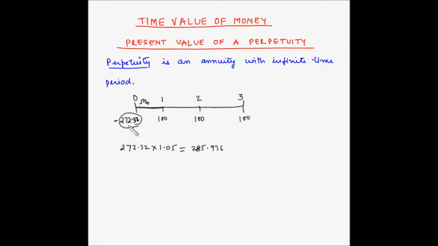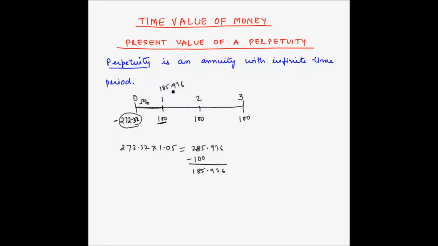So basically this amount has converted into 285.936 rupees at the end of the first year. Now from this amount, 100 rupees are given away into your pocket. So basically the bank has given away 100 rupees here. So now the remaining balance is 185.936.